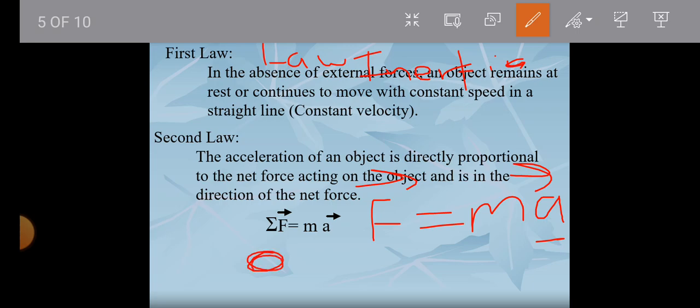Meaning that if I have an object of mass m, for that object to accelerate in that direction, the force acting should act toward that direction also. This is the second law of motion.